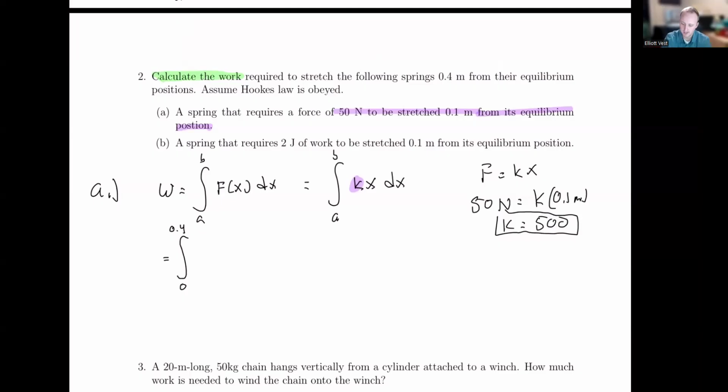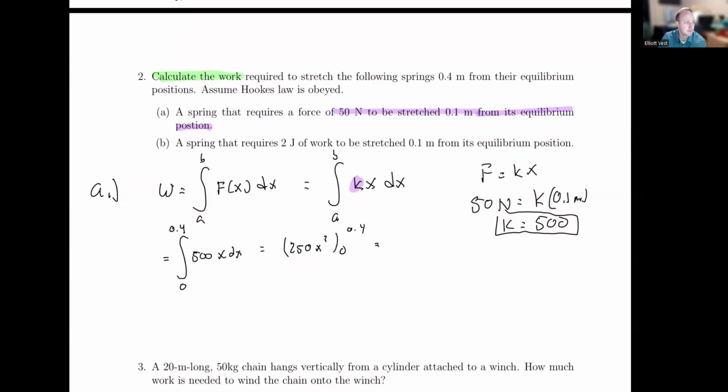I think it says stretch, so either way, you're going to get the same answer. And our constant is 500, x dx. And now we're just off to the races, right? We can just integrate, which gives us 500 x squared over 2, or 250 x squared, from 0 to 0.4.